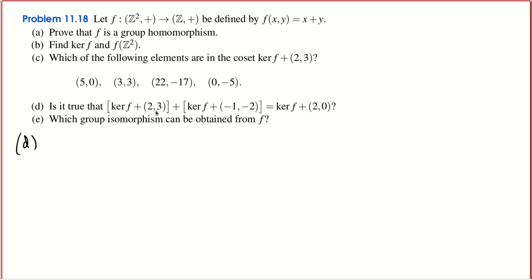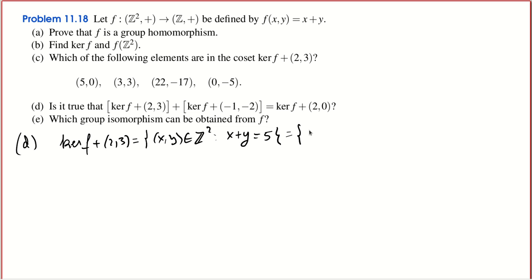Well, as I said, this coset here will be equal to the pairs of Z² for which x plus y is equal to 5.